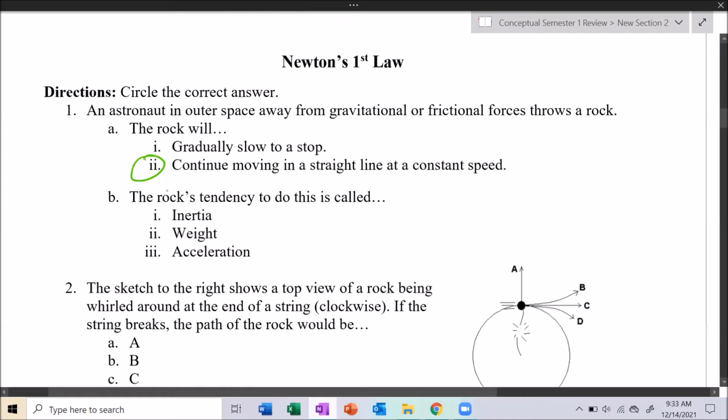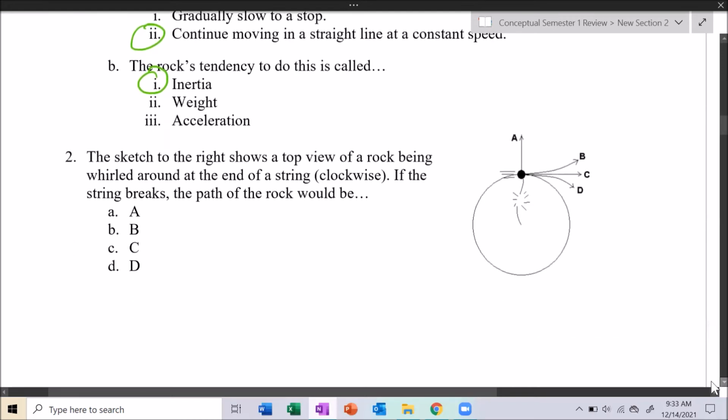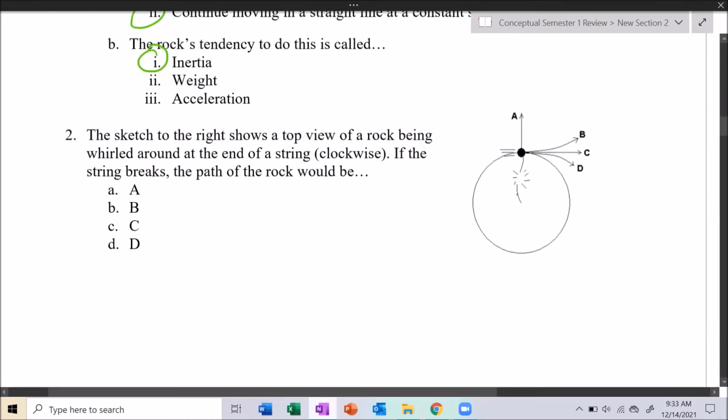These are some interesting questions about Newton's first law that I thought would be fun to include. Again, an astronaut way out in space, if they throw a rock, there's no friction, so it needs to continually move in a straight line at a constant speed. The rock's tendency obviously is called inertia, but look at this example number 2 where someone is spinning a rock over their head like on a string.